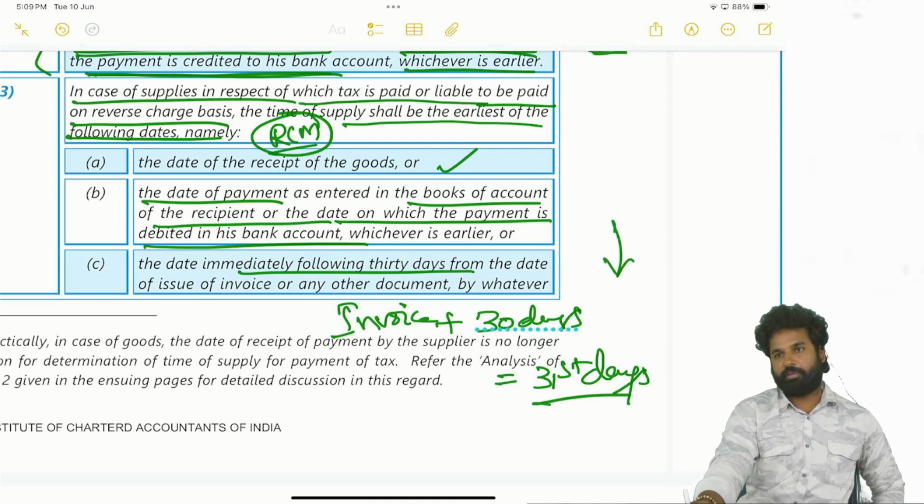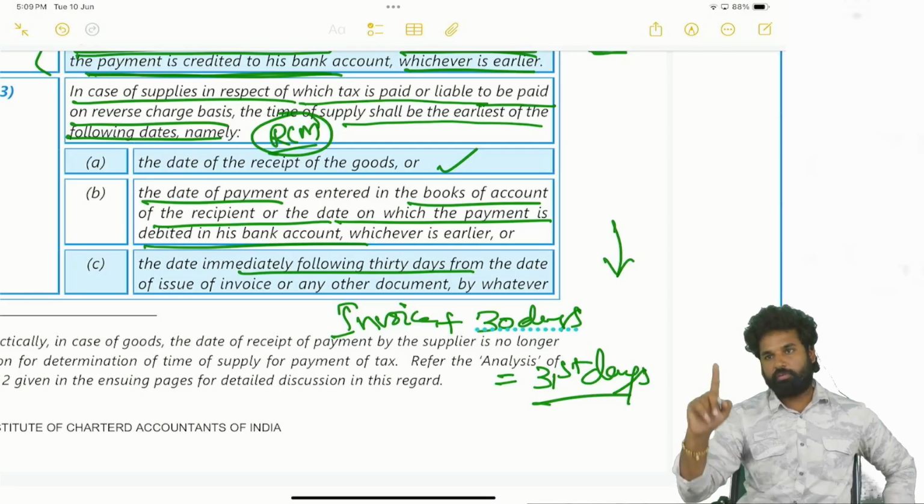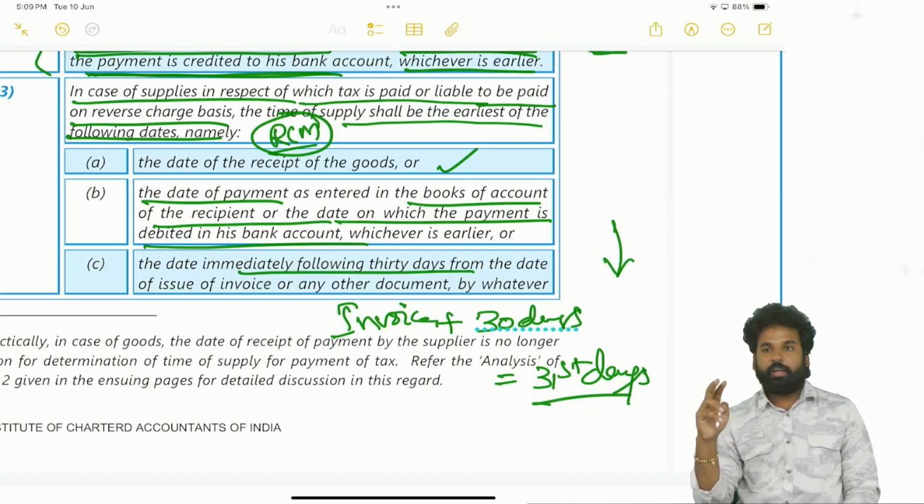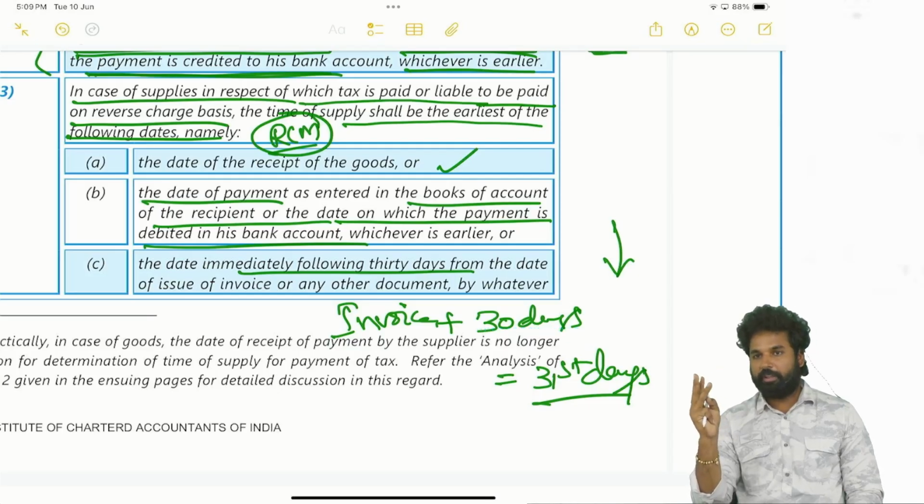Four dates are coming. How? The date of receipt of goods, one. Next, date of payment. Date of payment means date of debit in the bank account or date of entry in the books of accounts, and lastly the 31st day from the date of invoice.